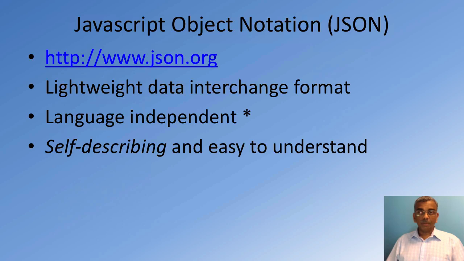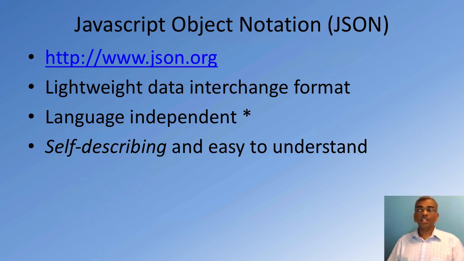The JavaScript Object Notation, or JSON, is a lightweight data interchange format. The reason the JSON data format is specifically of interest to us in this course is because the JavaScript Object Notation, as the name implies, very easily maps into a JavaScript object that you use within your JavaScript code. So converting a JavaScript object into JSON notation and vice versa is very straightforward.